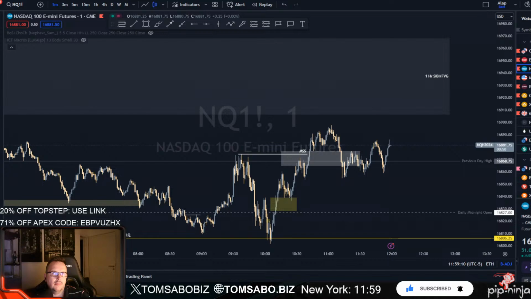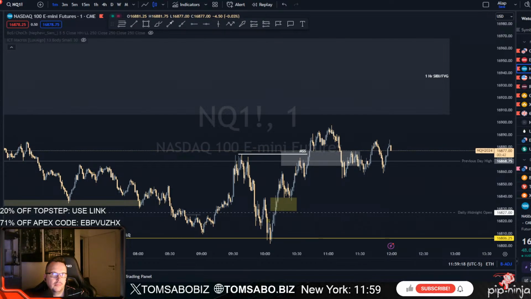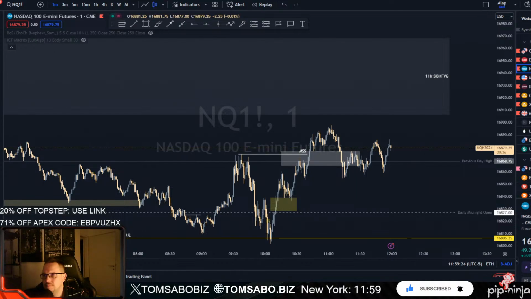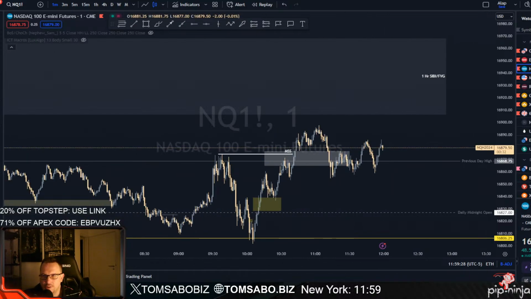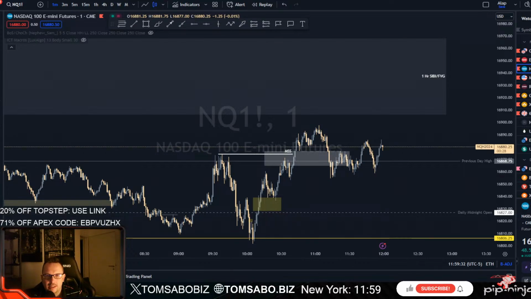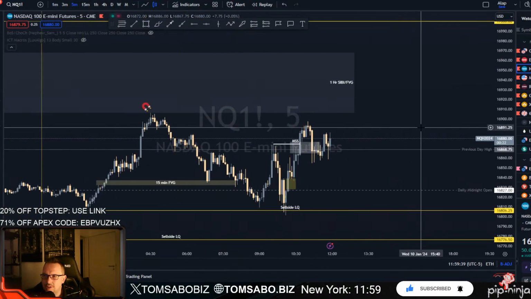Oh man. This is unreadable price action, guys. I'm telling you, this price action is something you don't want.